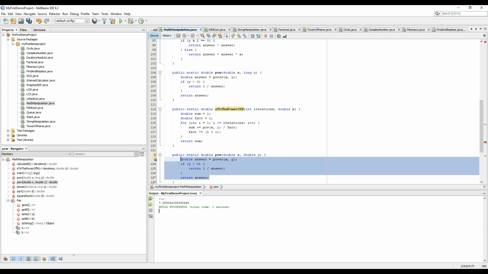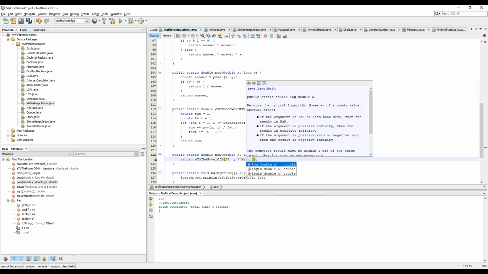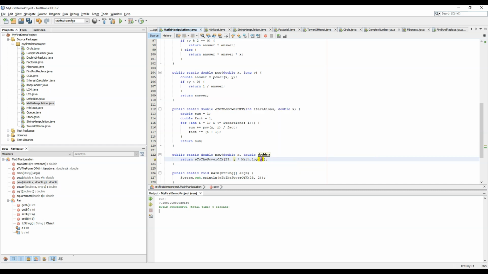Now we know the formula is return e to the power of x. Just wait. First parameter is the iteration, so 23, and the second would be y into Math dot ln of x, log of x.